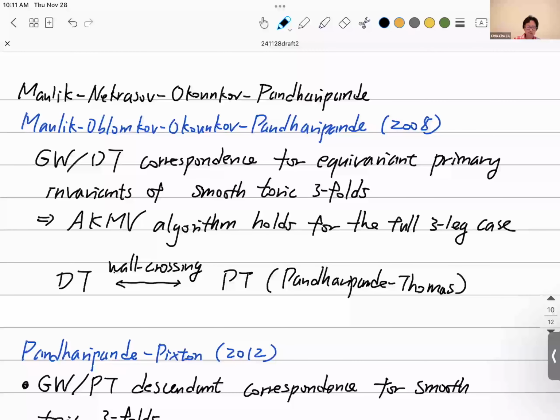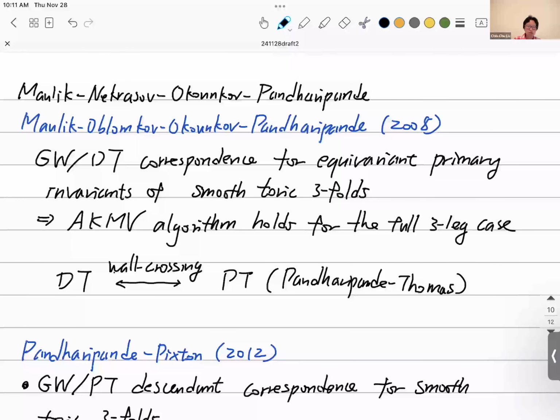So this is fully equivariant in 3 equivariant parameters. And in particular, if we specialize this to toric Calabi-Yau threefold and the Calabi-Yau torus, this implies the algorithm of topological vertex.